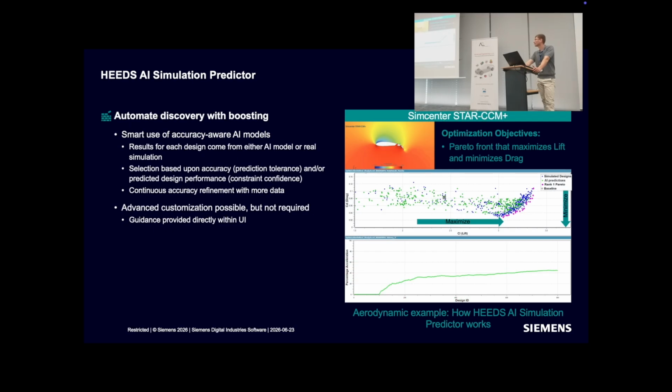During the optimization study, there is a dynamic decision on whether I'm going to simulate this particular design, or get predictions from my AI model. This is done based on the parameters.